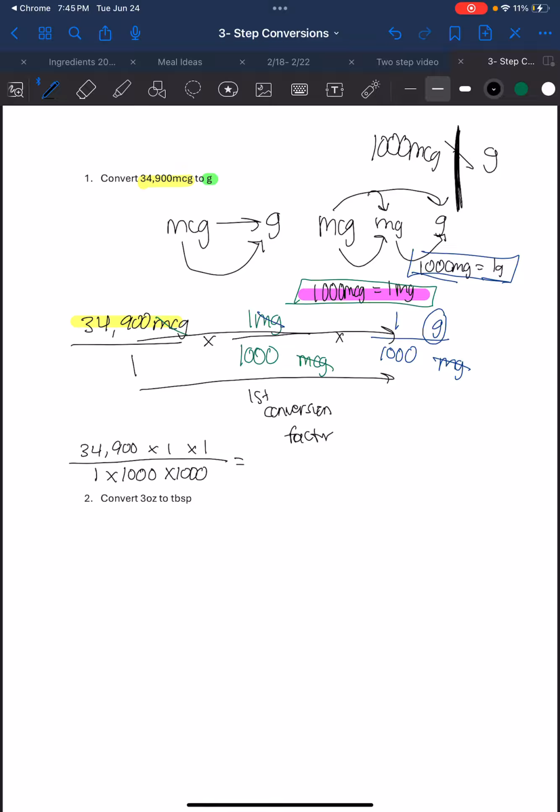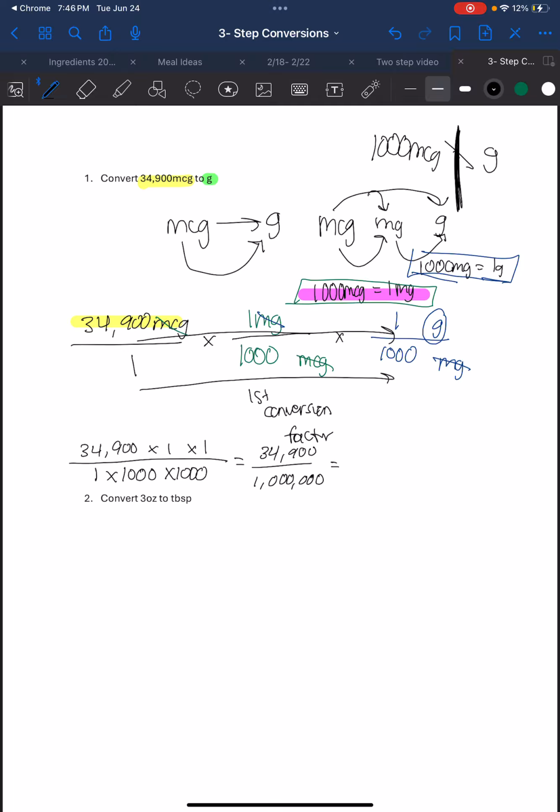On top, it's going to give us 34,900 over 1 million.